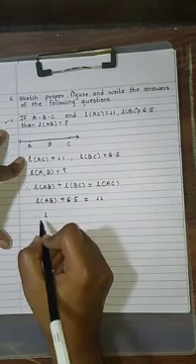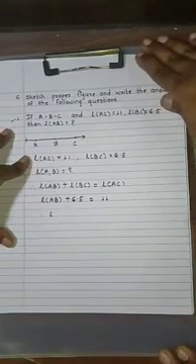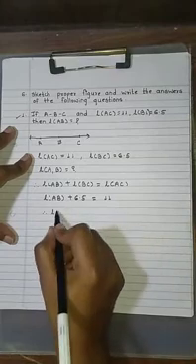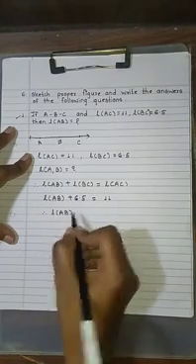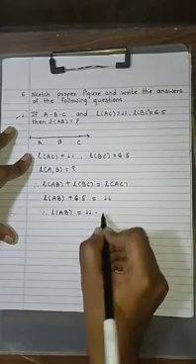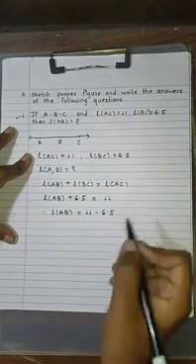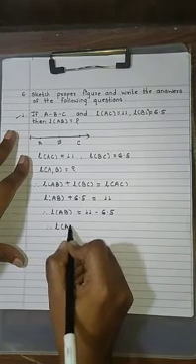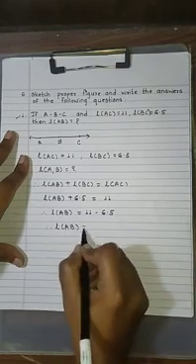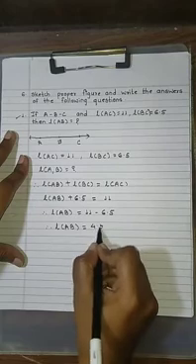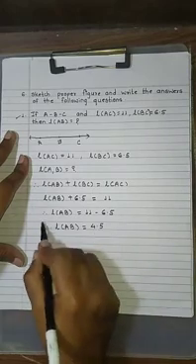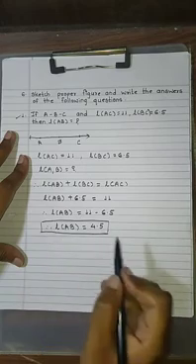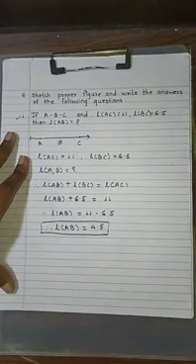Therefore, length AB is equal to 11 minus 6.5. Therefore, length AB is 4.5. So from question number 6, remaining questions will be your homework.